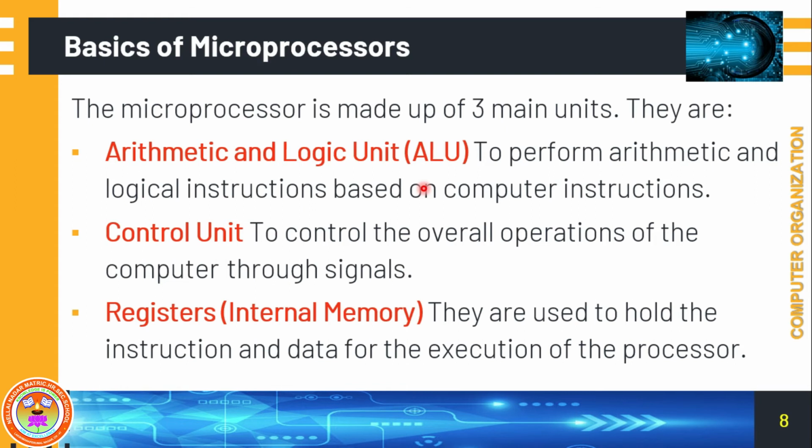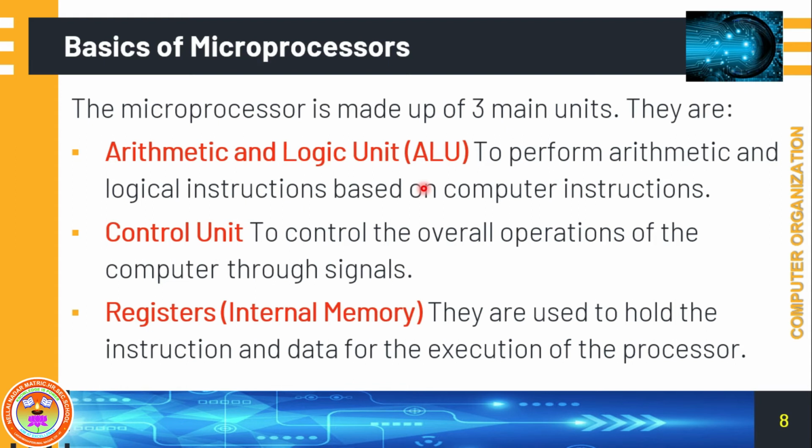Then number three, registers. Registers are nothing but internal memory. They are mainly used to hold the instructions and data for execution by the processor. What is the main purpose of this internal memory?